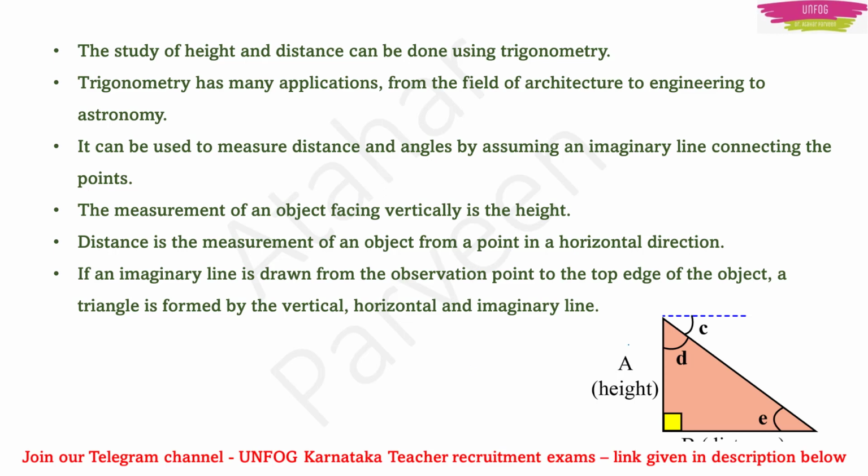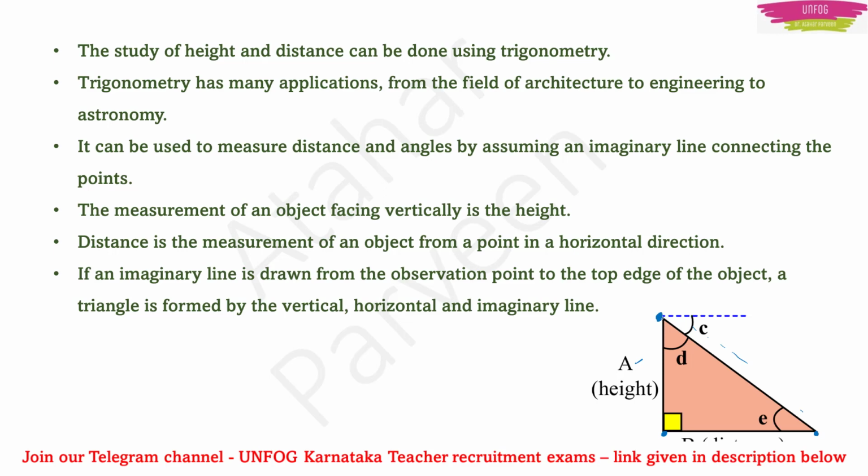Say for example, if I have a point here at A, this will be the height, and from the ground, the distance till some point is the distance, and then there is some imaginary line, this one, which we connected to that point. So this gives you the imaginary line and it also completes this triangle. Okay, I will tell you one nice story and explain the same concept.